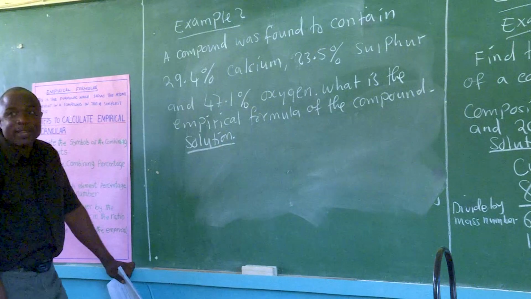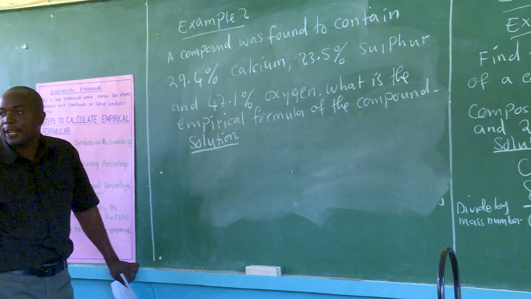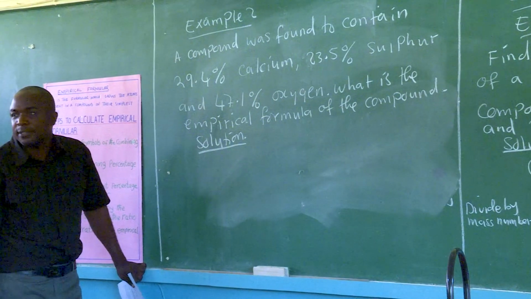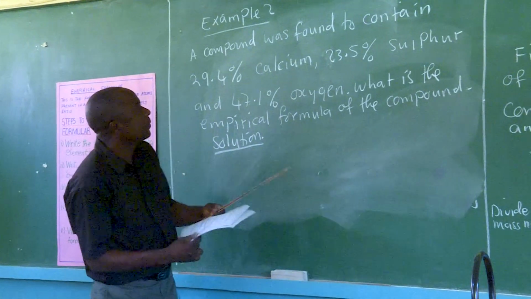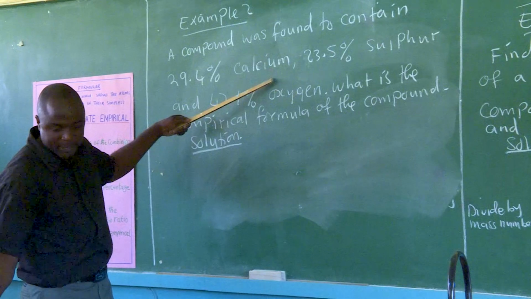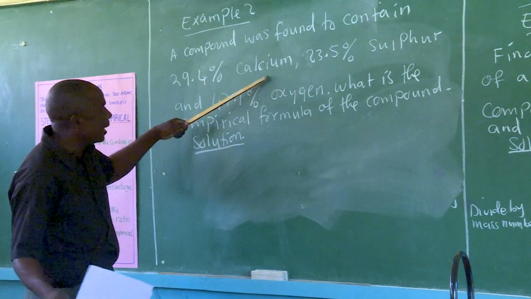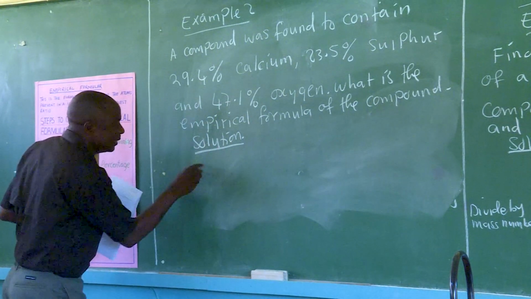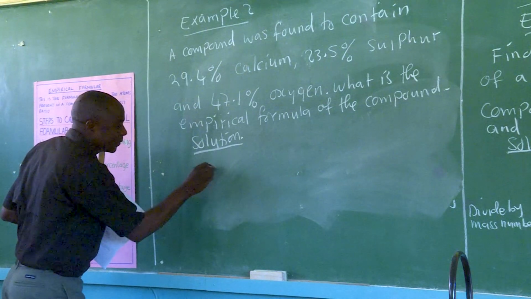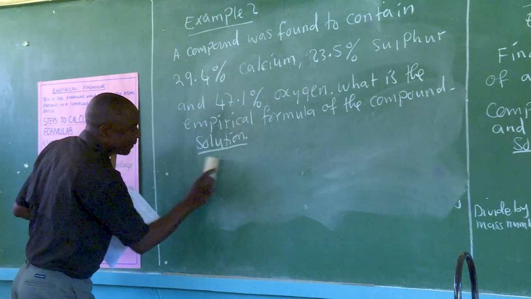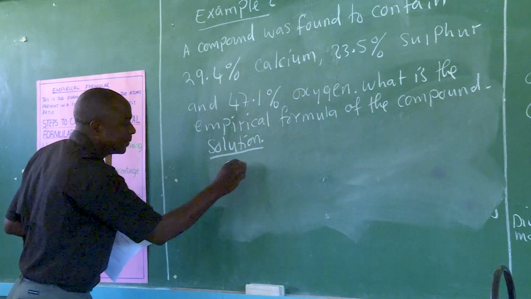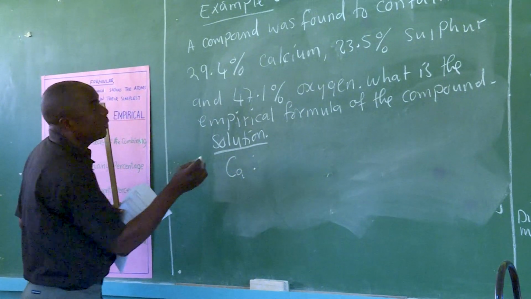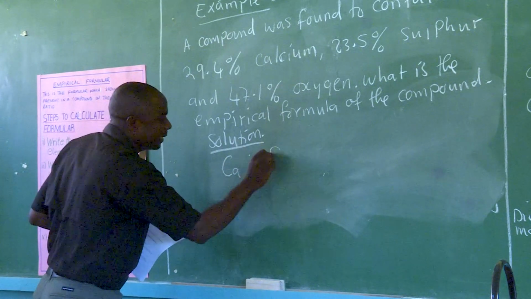First of all, we identify the elements which are in this compound. We have calcium. Are you okay? So we write calcium. Then we also have sulfur.